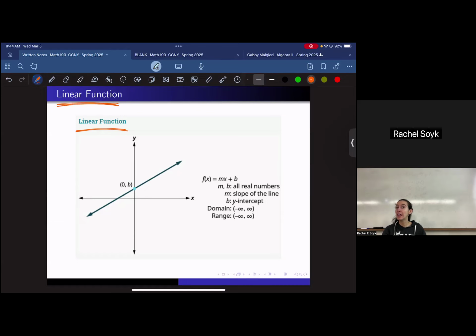What's the only line that fails the vertical line test? Yeah, so all vertical lines are not functions. But any other type of line in the world is.